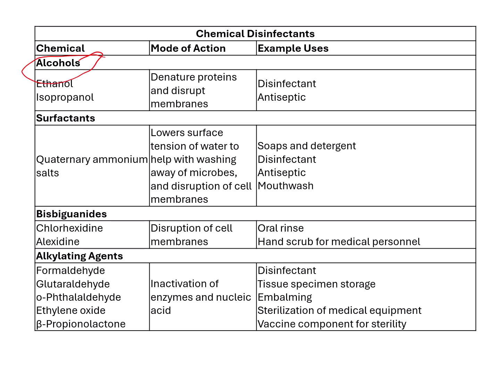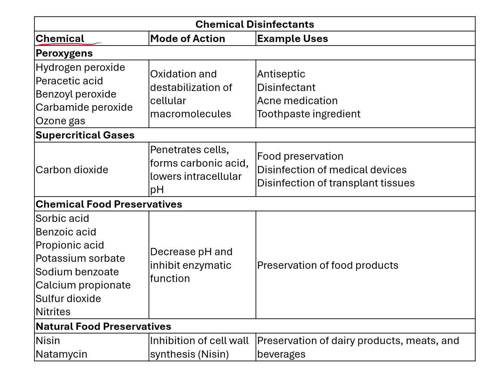Now we have the alcohols, surfactants, bisbiguanides, and alkylating agents. We also have the peroxygens, our chemical food preservatives and natural food preservatives, and I briefly mentioned the supercritical gases, carbon dioxide, that's in between the liquid and gas state.